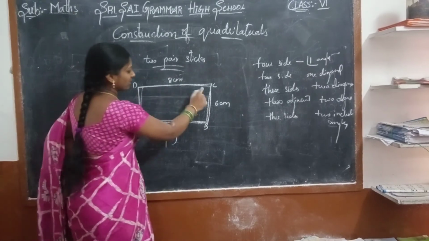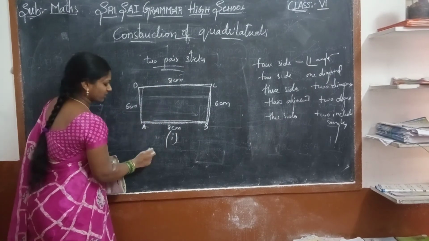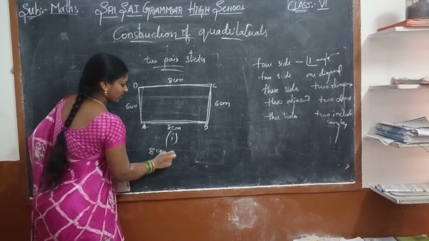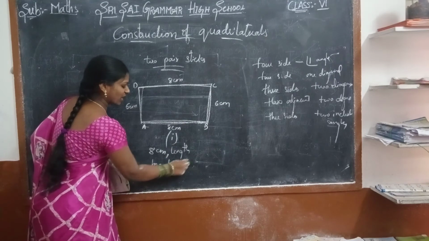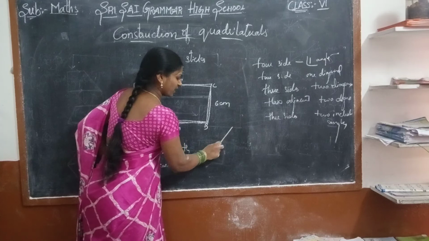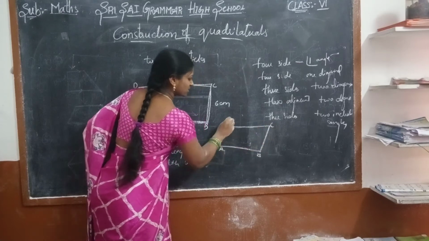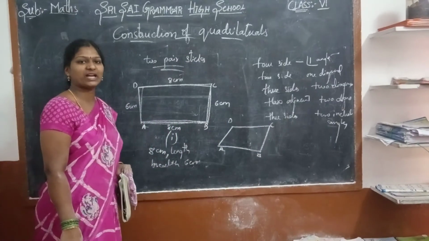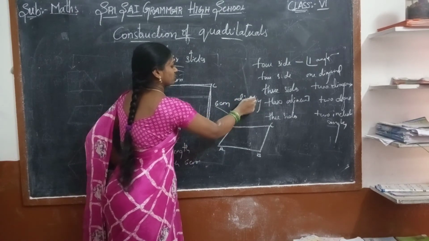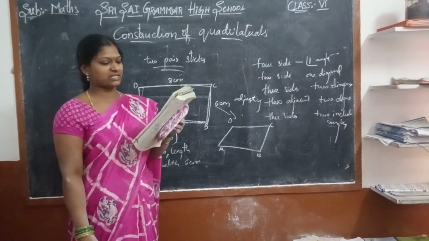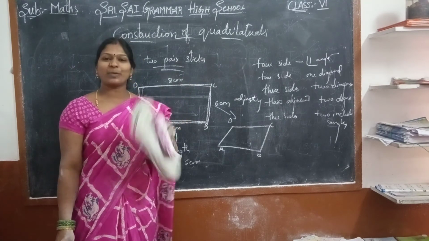If you take this rectangle with 8 centimeters length and 6 centimeters breadth and adjust it, it is still a quadrilateral. After adjusting the 8 centimeters length and also the 6 centimeters length, observe that the rectangle now became a parallelogram.